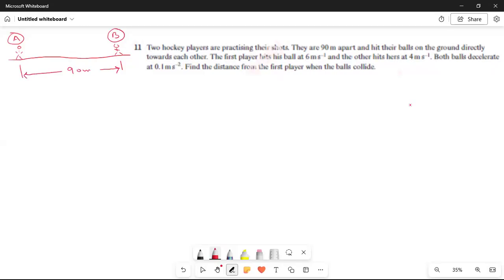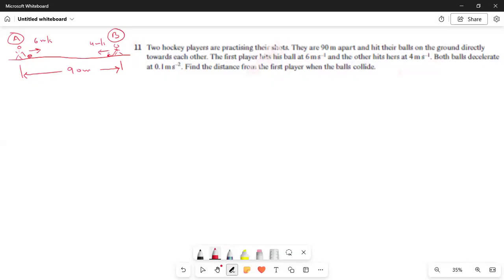So this player hits his ball, and the ball starts moving in this direction at a speed of 6 meters per second. And at the same time, this player hits the ball, and it is moving in this direction with a speed of 4 meters per second.